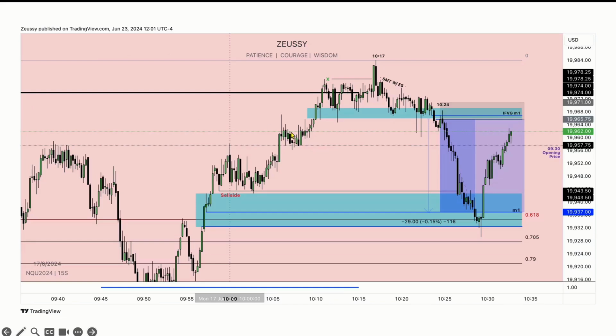What we then see is that on the 15-second chart, we displace through that BC that formed on the 1-minute chart. Notice that this price range is nearly similar to the 50-second imbalance that we can see right here. What was for me the short trigger? It was not simply, oh, we traded below this BC, now we should go short.